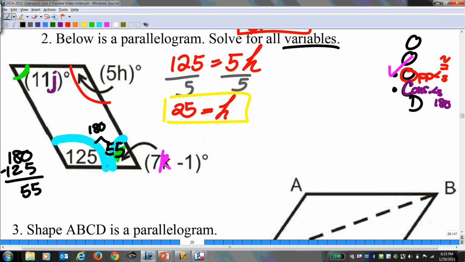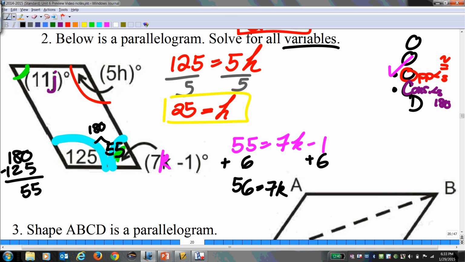But we want the value of k, so we're going to write it out. So 55 equals 7k minus 1. Let's solve for k. So I see here that k is going to be 56 divided by 7, so k equals 8.